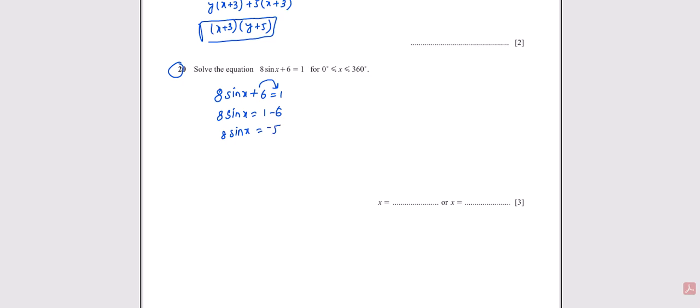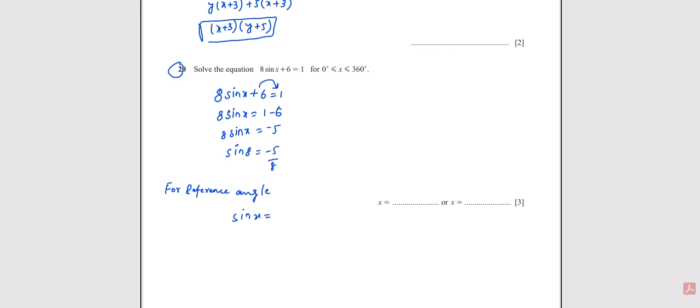Divide by 8. Sine x is equal to minus 5/8. For the reference angle, ignore the minus sign.